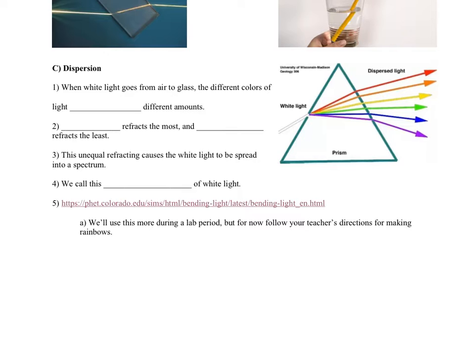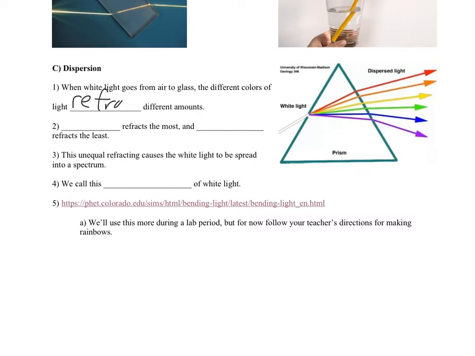So dispersion is an application of refraction. You might have seen this image on Pink Floyd's album Dark Side of the Moon. It shows white light spreading into all the colors of the rainbow. When white light goes from air to glass, the different colors refract different amounts.